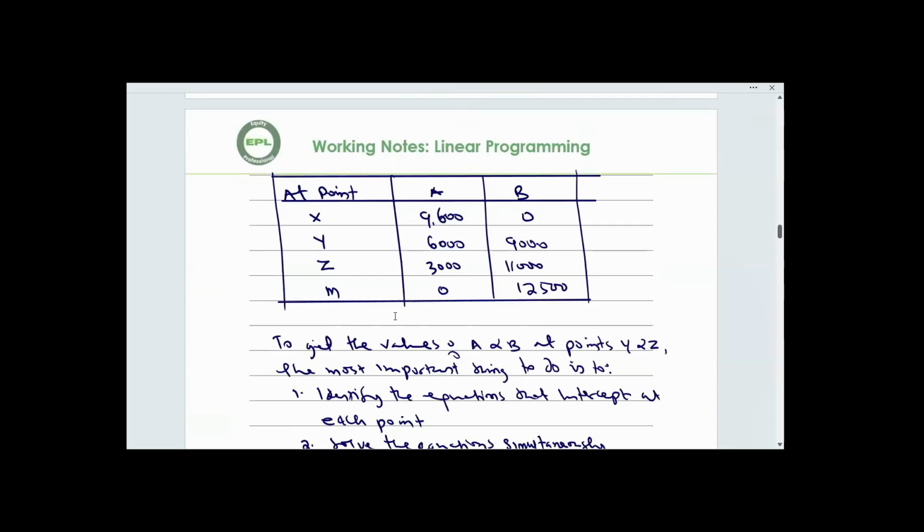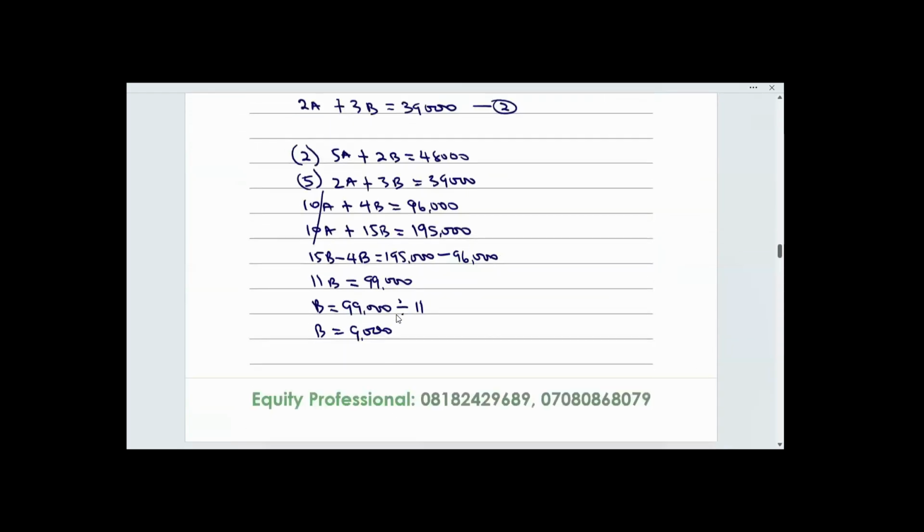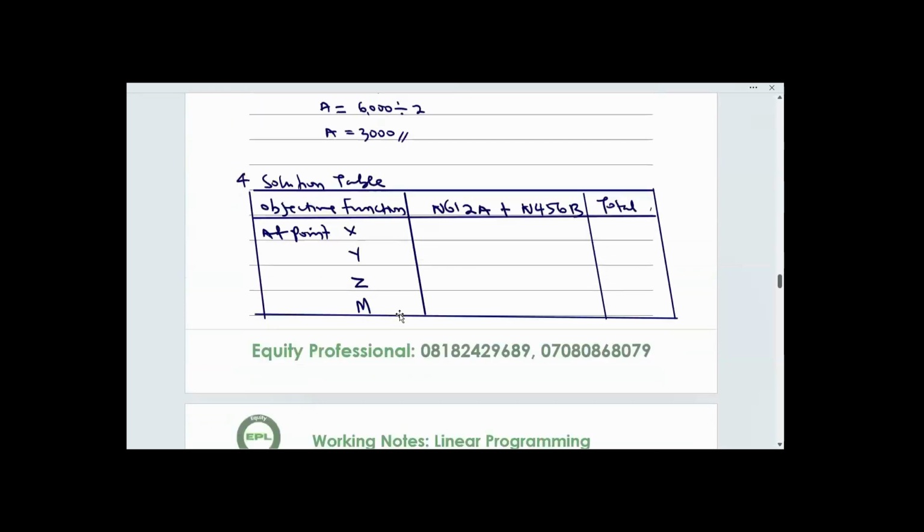At point X, A is 9,600, B is 0. Therefore, I would then say 612 multiplied by 9,600 plus 456 multiplied by 0.